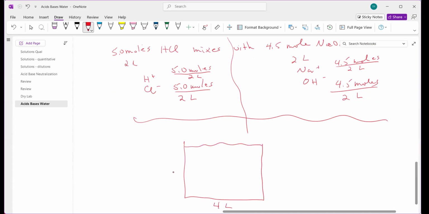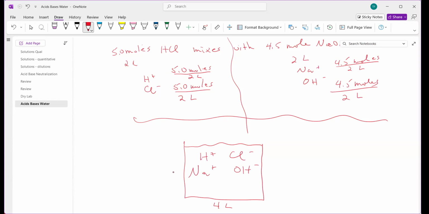So we've got chlorine in there. We've got sodium and OH in there. Got 5 moles of H, 4.5 moles of OH. We mix them together.